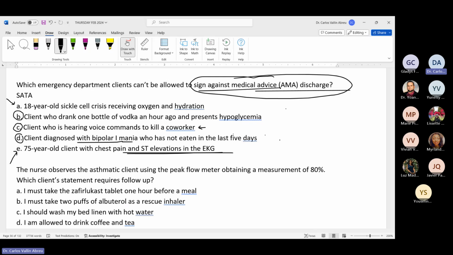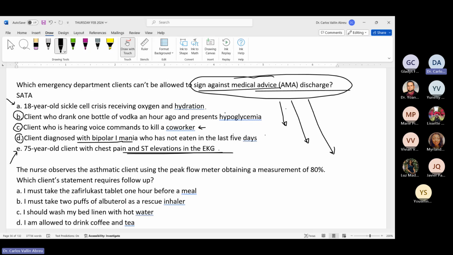Another responsibility that you have, before the client leaves, is to contact the provider, I mean the physician. Because even if the client is leaving against medical advice, the physician will order medication in the pharmacy to mitigate, to make the consequences of leaving against medical advice as less severe as possible.